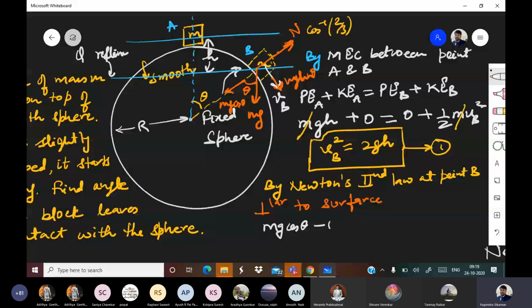Okay, and the resultant of these two should be providing us necessary centripetal force. So that should be equal to m vb square upon r. Understand once again how I have written this. Towards center force is mg cos theta.